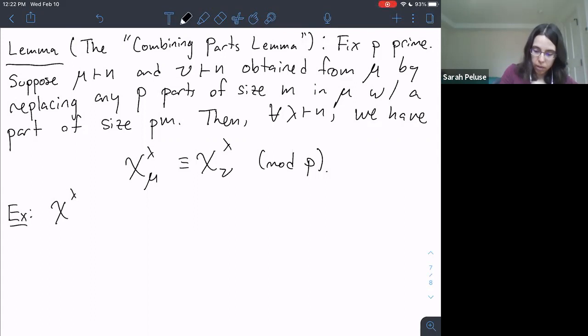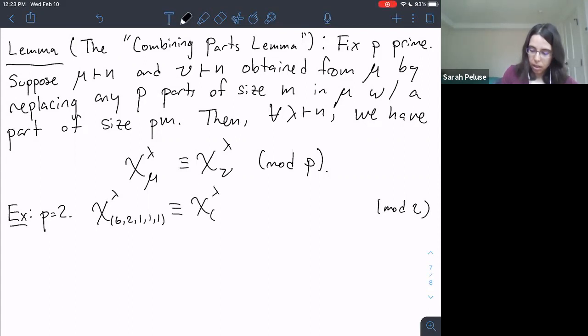So let's say p is 2. Then the character values for partition 2, 6, 1, 1, 1, mod 2, are congruent to the character values for 6, 2, 2, 1.